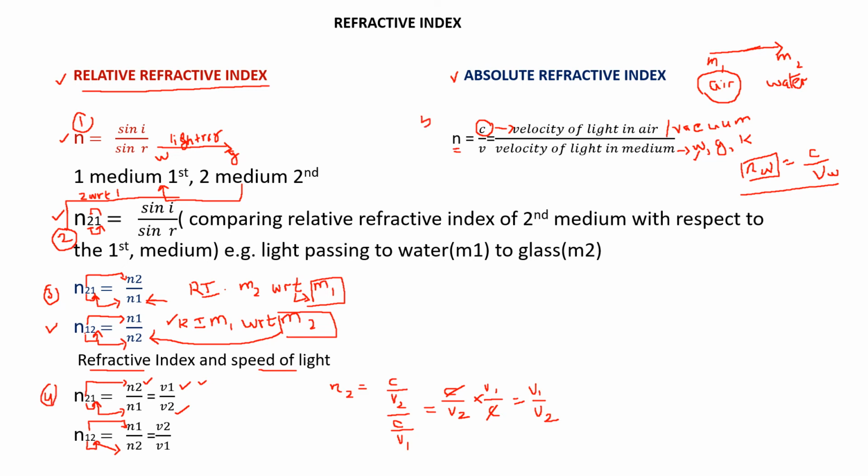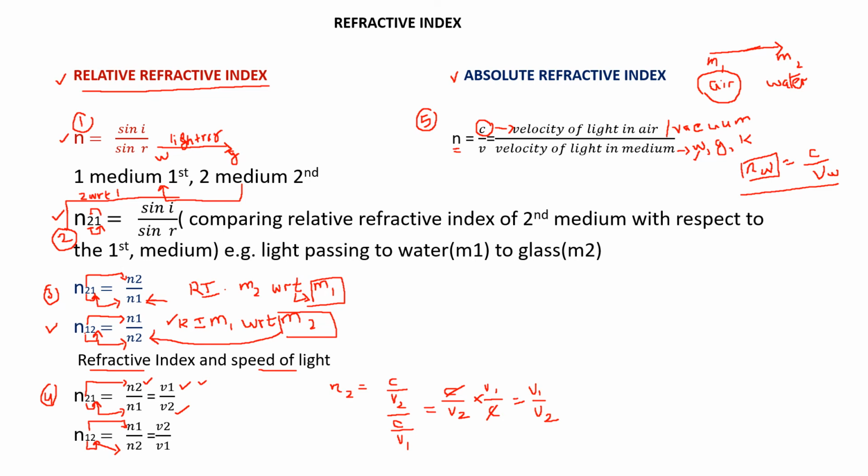So altogether we did 5 formulas, right? But these 1, 2, 3, 4 formulas are the formulas to find out refractive index. Clear? And in this way also you can find out refractive index. So altogether 5 formulas to find out refractive index.